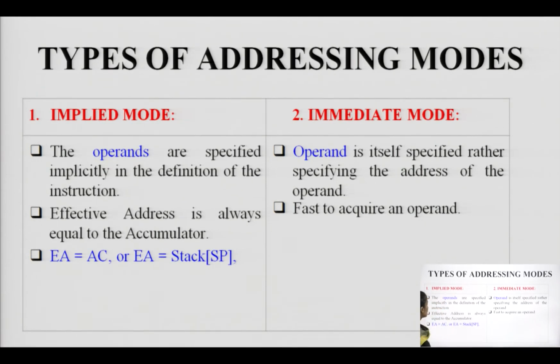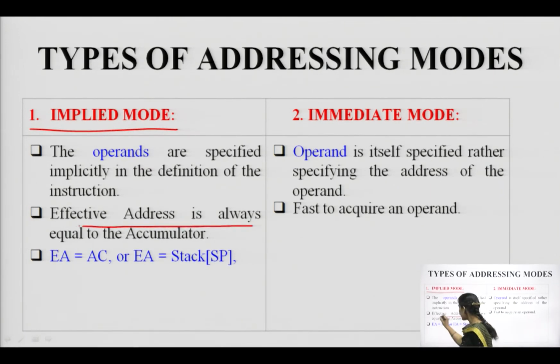Then we are discussing types of addressing mode. The first mode we are taking is implied mode. As the name suggests, the operand itself is implicitly specified in the definition of the instruction. And how do I define my effective address then?